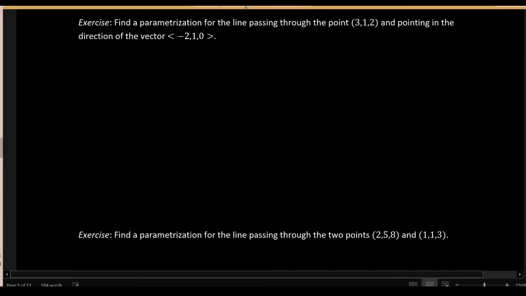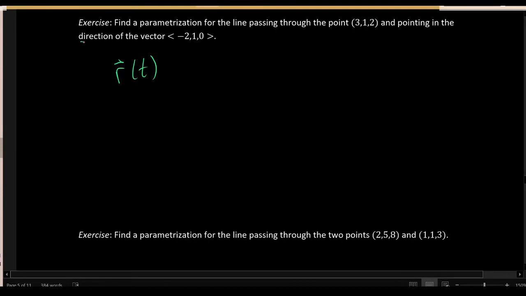So let's get some exercise and practice finding a parameterization for the line which passes through the point 3, 1, 2 and which points in the direction of the vector -2, 1, 0. So this question is asking us to find a vector valued function r of t whose graph traces out the line described in this paragraph.